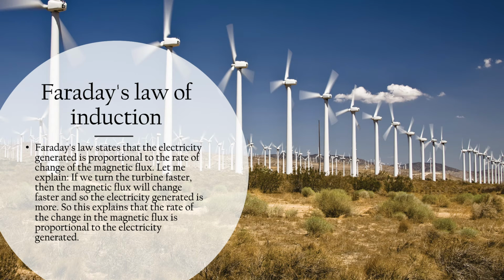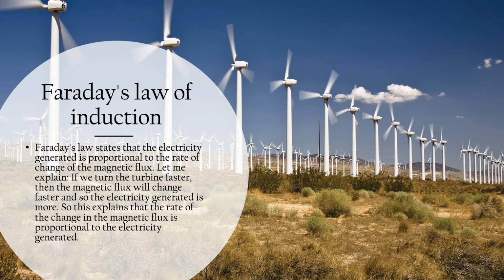Faraday's law of induction. Faraday's law states that the electricity generated is proportional to the rate of change of magnetic flux. Let me explain this. If we turn the turbine faster, it's literally like the magnet spinning.